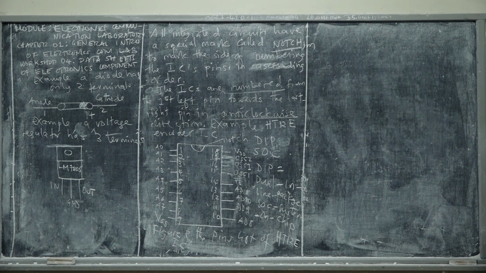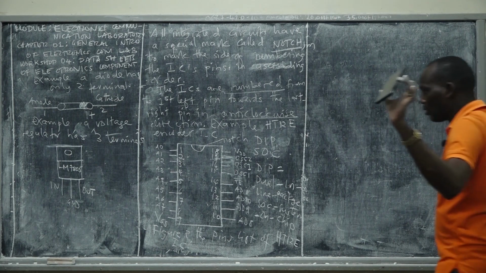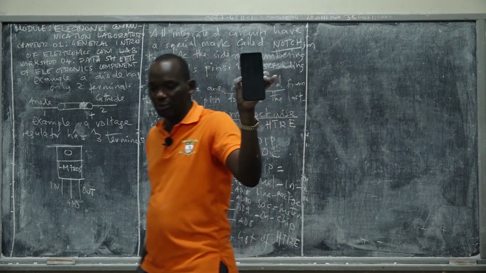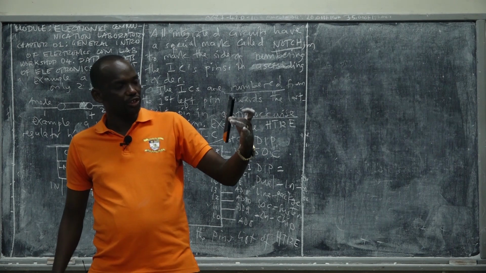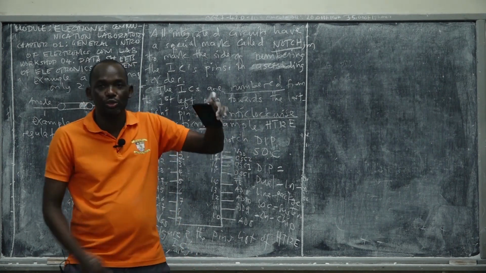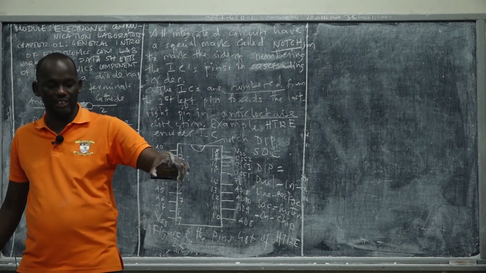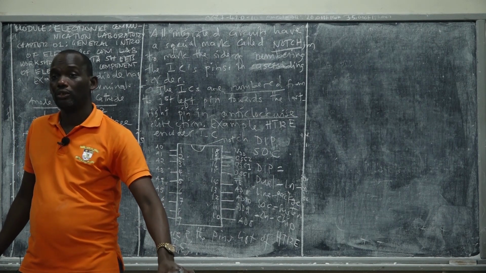For instance, if I have an IC whose alignment is like this, it will be different. In case I have 9 pins, when I solder this IC, it will be stable.